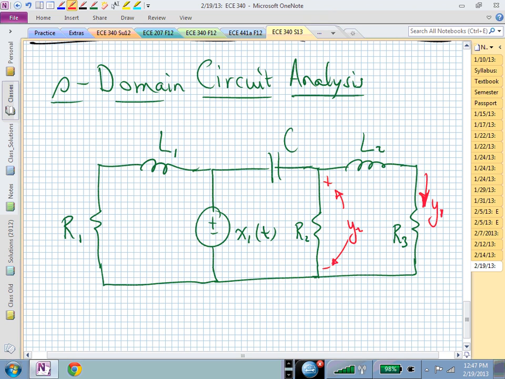What could be storing energy in this circuit? Ls and Cs, right? Let's then say that he now says, here's I sub L sub 1. Here's V sub C. And here is I sub L sub 2.